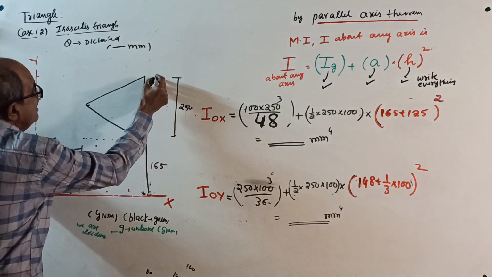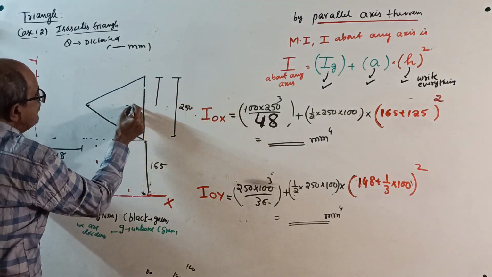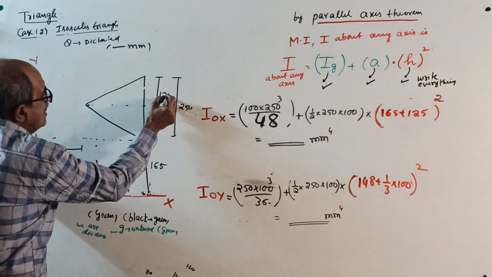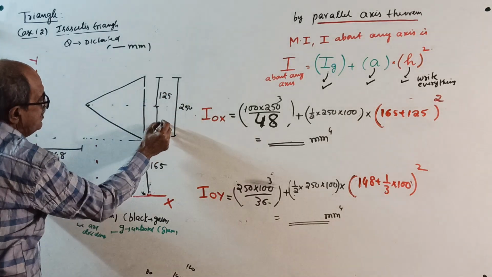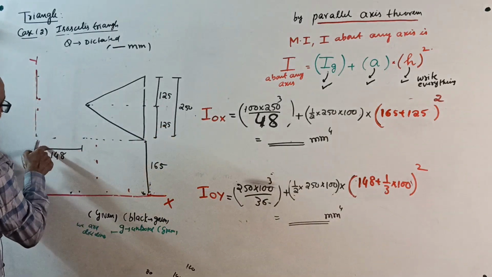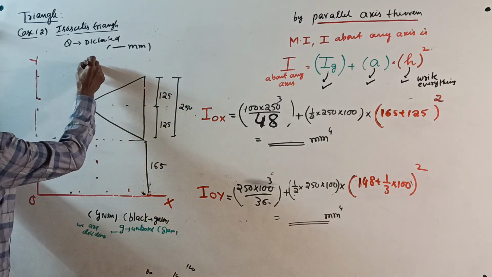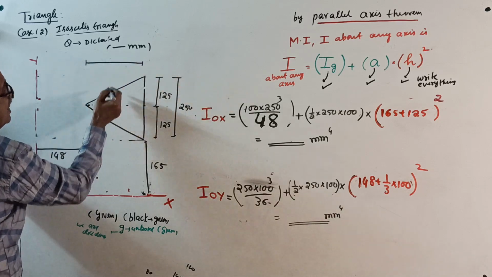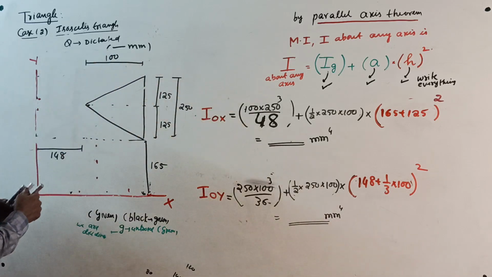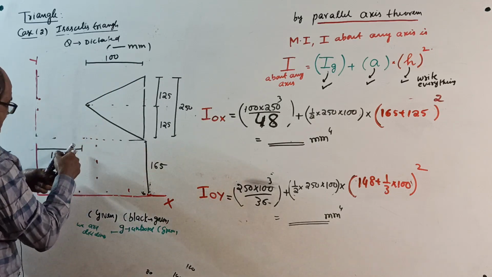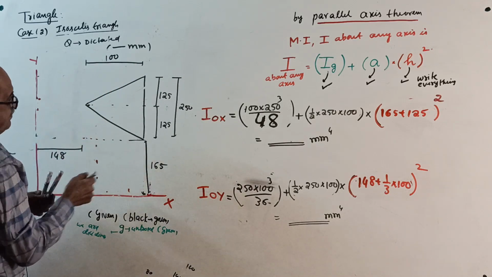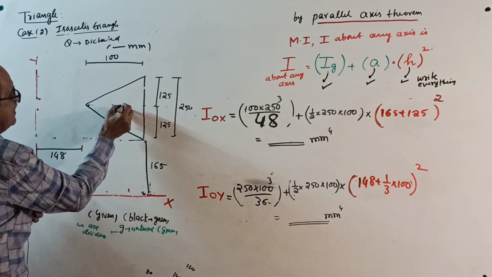Isosceles triangle, so both of them are 125, 125. I am not changing the other dimensions, 125. This I am maintaining same. And height is, I will mark here, this is 100, out of scale. Okay, start. Its centroid is here, G.